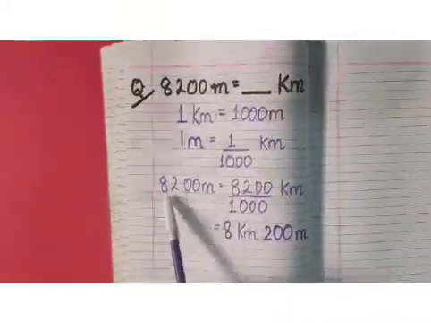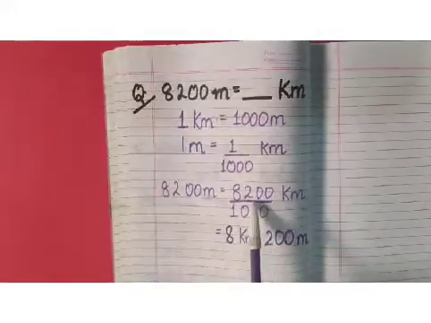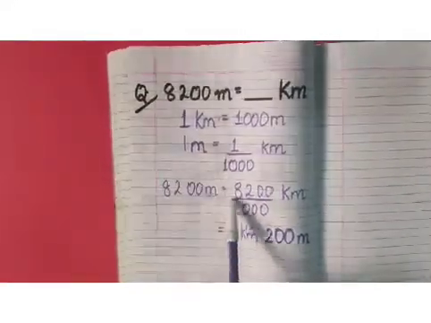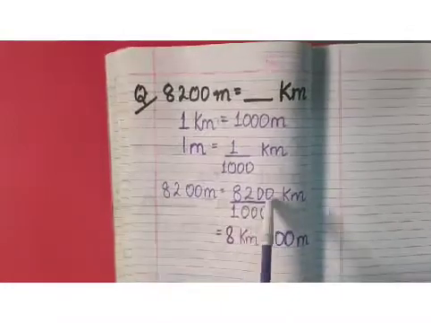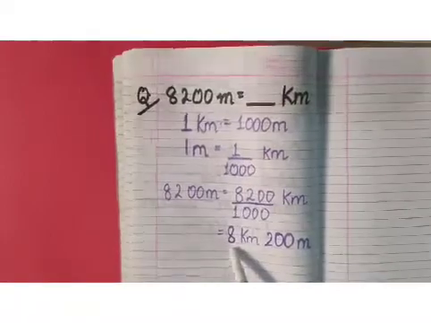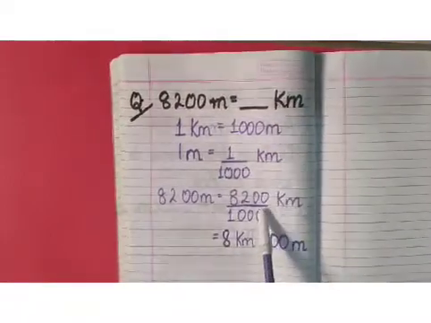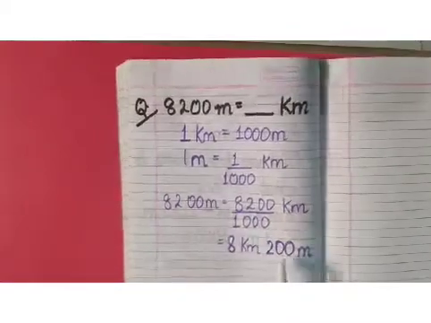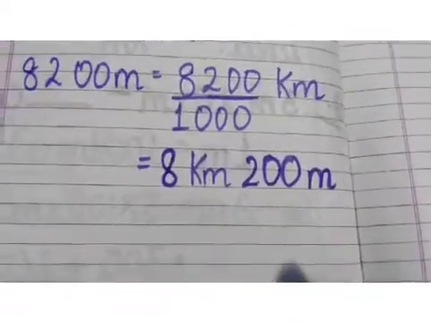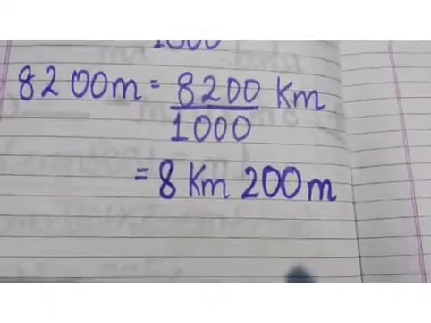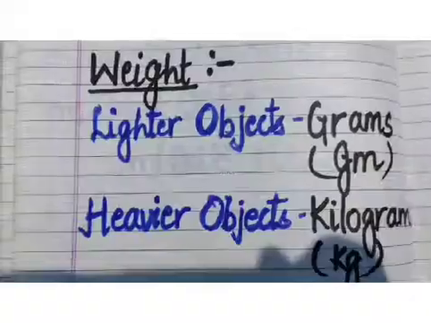So 8,200 meters is equal to 8,200 upon 1000 kilometers. When we divide this by 1000, we get 8 kilometers and 200 meters.